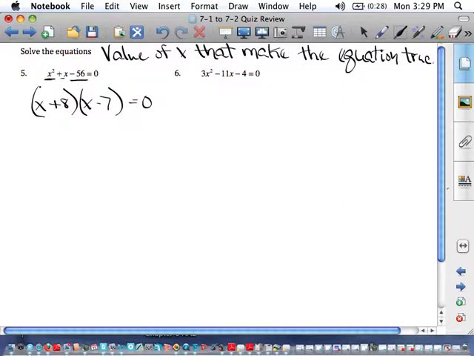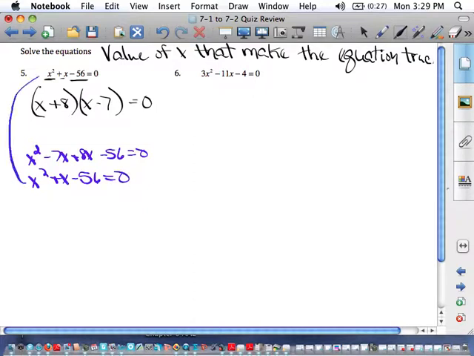So if you FOIL that back, you would have x squared minus 7x plus 8x minus 56 equals 0. So you get x squared plus x minus 56 equals 0. When you FOIL it back, you see that that's what you started with, so you know your factoring is correct.